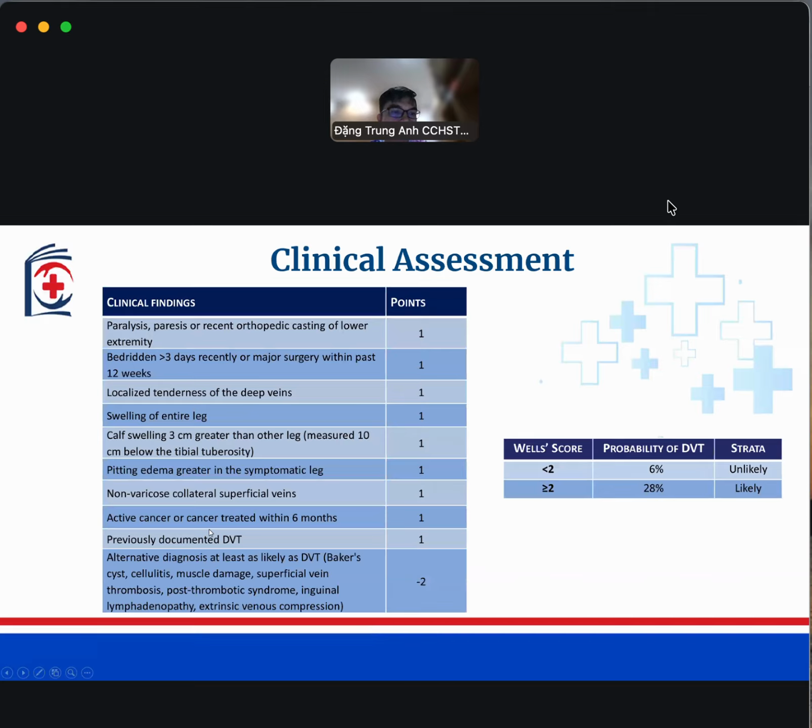And if the patient has an alternative diagnosis at least as likely as DVT, for example Baker cyst, cellulitis, muscle damage, superficial vein thrombosis, post-thrombotic syndrome, inguinal lymphadenopathy, or extrinsic venous compression, we minus 2 points from the score.